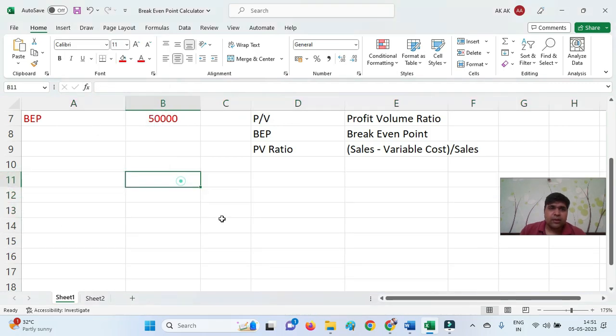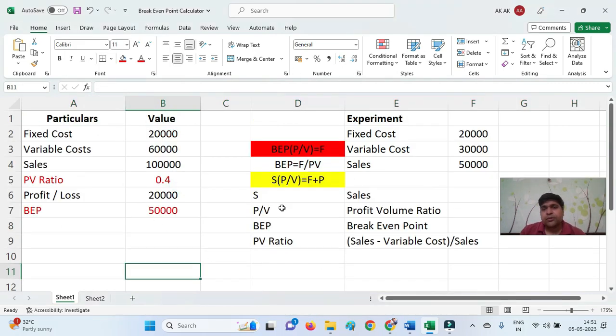Now, suppose you want to do an experiment with any existing data, you can do that also. Suppose, for example, my sales is 50,000, and I want to know whether this figure is correct or not. This is BEP, right? Let us test it.